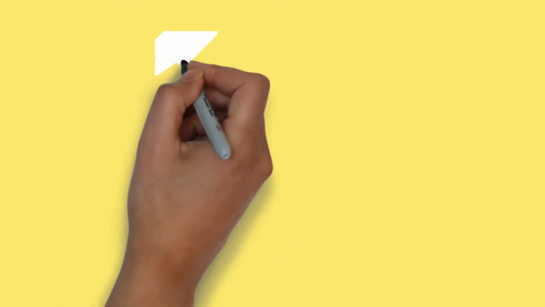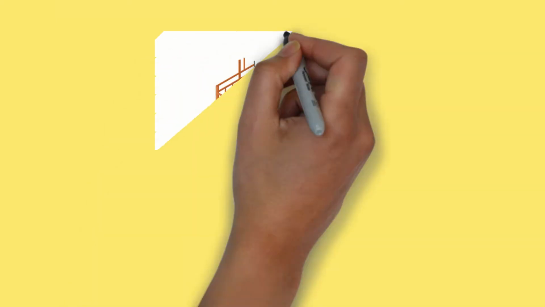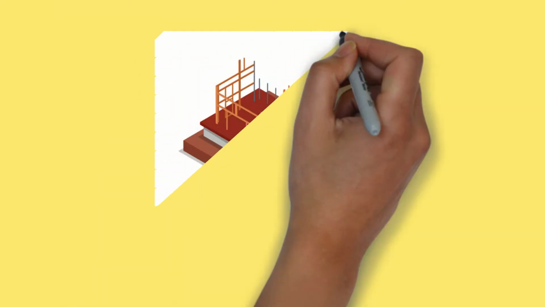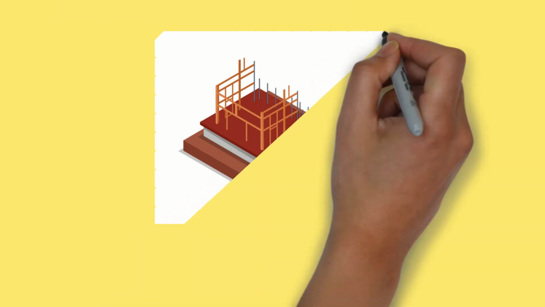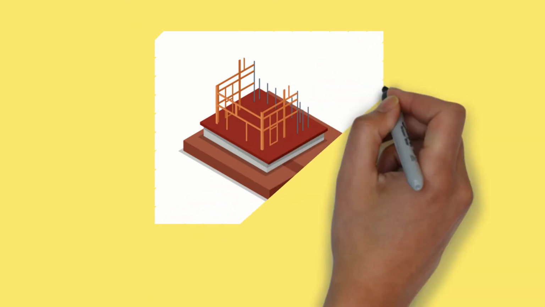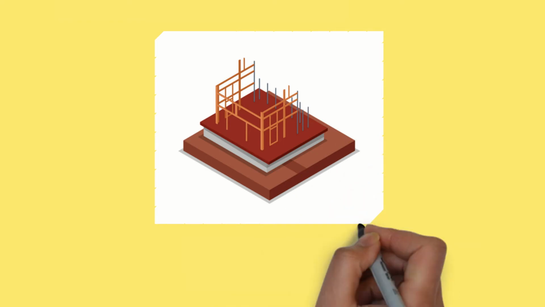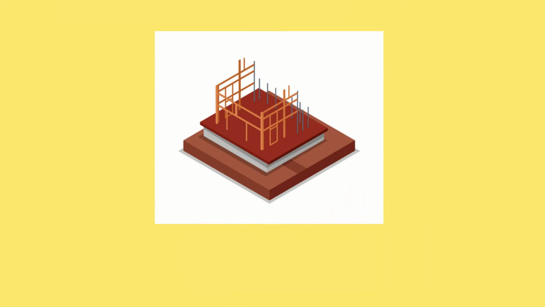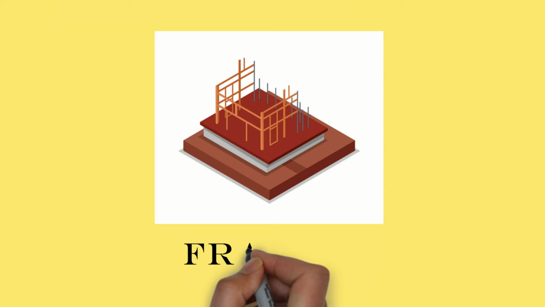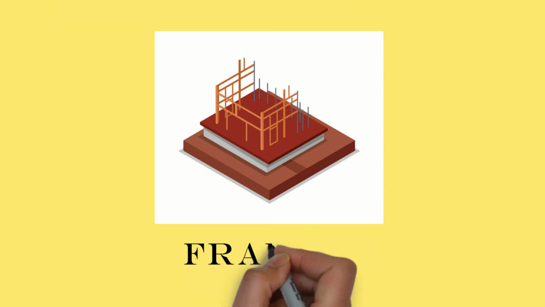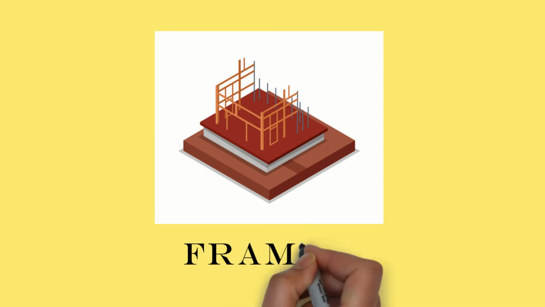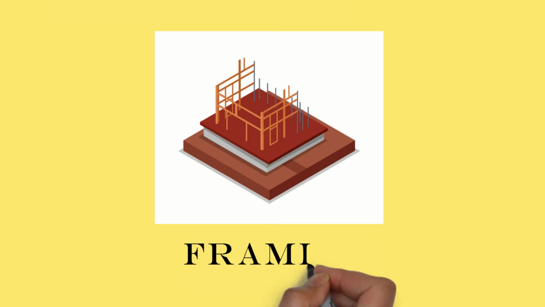Now the second stage is framing and roofing. We need to frame up the house, with the pillars and all those things. Coming to computer technology, we will be downloading and installing the framework, and here our framework plays a role.